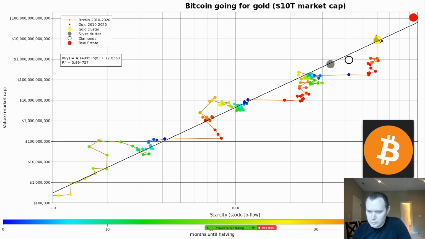But if we go back one phase to the 2016 to May 2020 halving cycle, with the peak at 20,000 in 2017, what we see there is that it's a little bit below the stock to flow line.